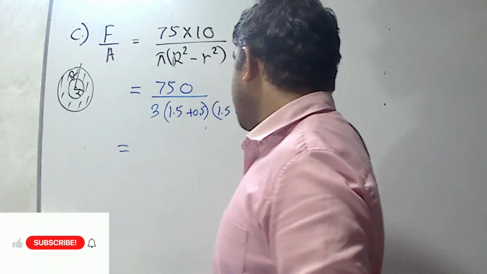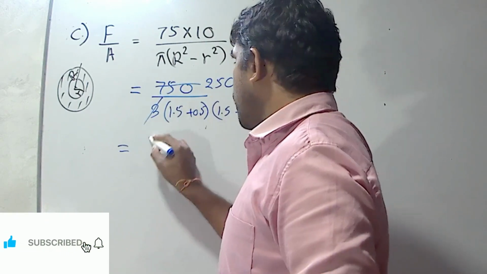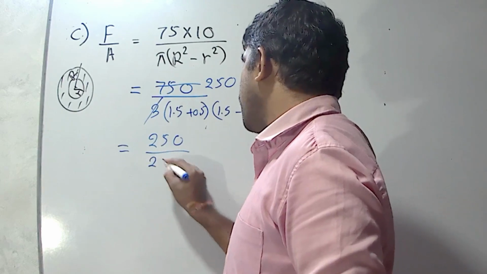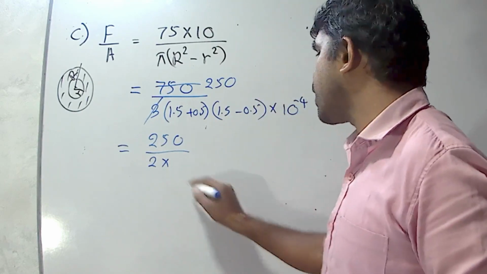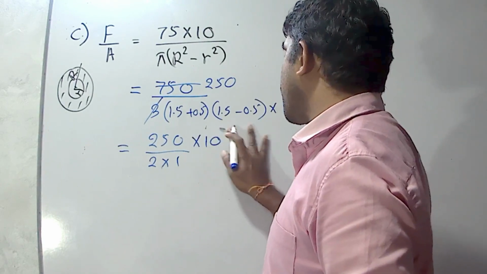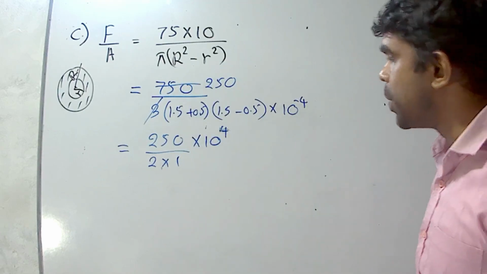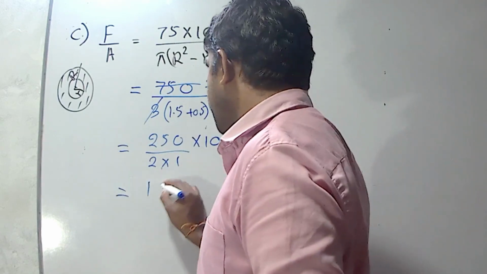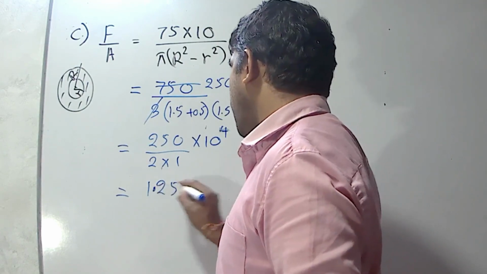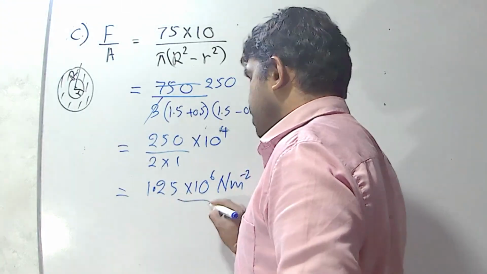Then we can simplify it. 250 divided by 1.5 plus 0.5, 2, 1.5 minus 0.5, 1. We can bring 10 to the power minus 4 to the numerator as 10 to the power 4. 250 divided by 2, 125 into 10 to the power 4. It means 1.25 into 10 to the power 6 newton per square meter.